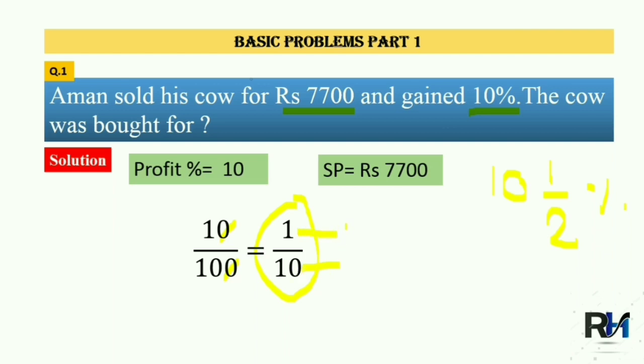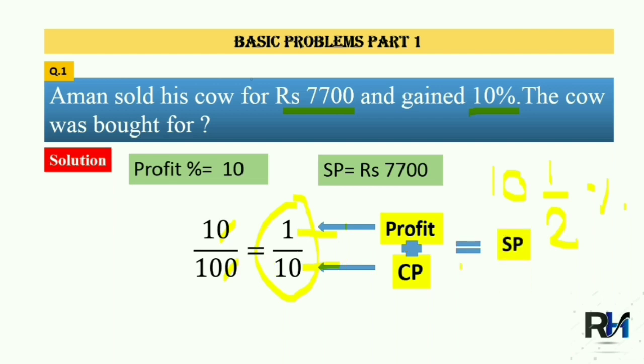So this 10 indicates the CP and 1 indicates the profit. Whenever we join this CP and the profit, we ultimately get the SP. So here CP is 10, profit is 1, and so SP will be 10 plus 1.